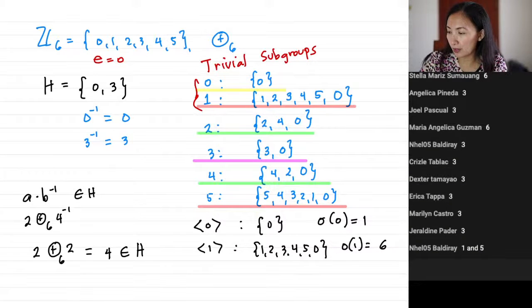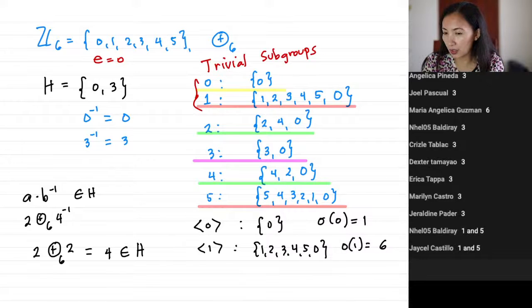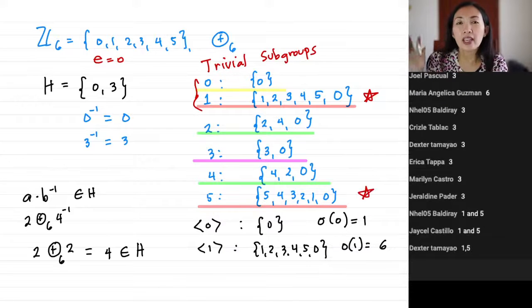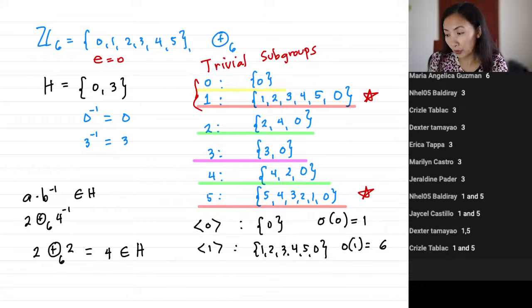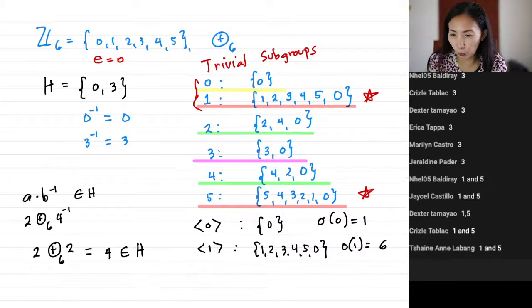Anong elements yun? Let me put an asterisk on. Okay, good. Jaisel and Marnell said 1 and 5. Correct. 1 and 5. They are called generators. And therefore, since Z sub 6 has generators, then it is considered a cyclic group. You got it? Okay, so this is an example of a cyclic group.